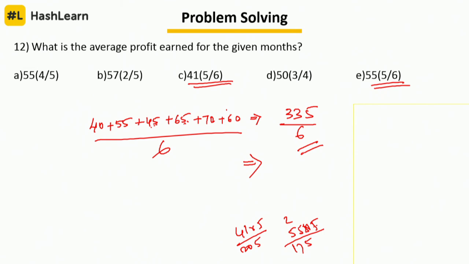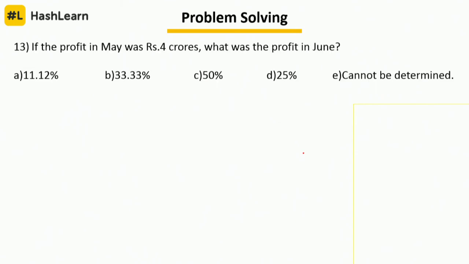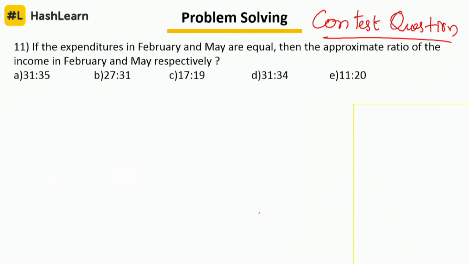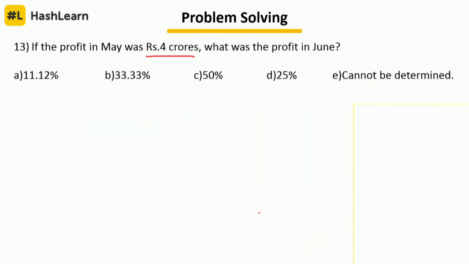Let's go to the next one. If the profit in May was 4 crores, what is the profit in June? Attention students, they have given you the profit made in May. You can look at the graph, here is May, and they are asking you what is the profit made in June.